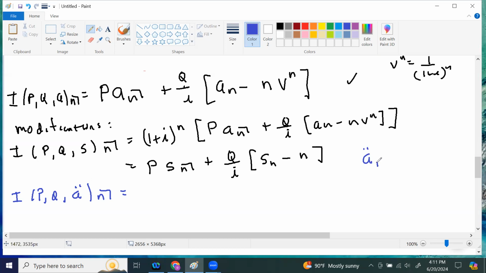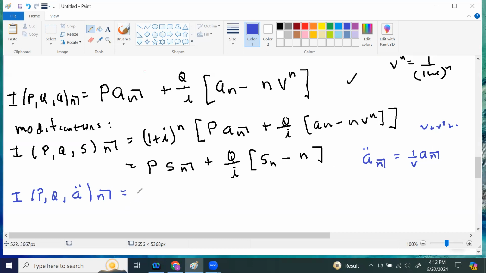If you take this, remember that the first payment starts at 1, right? So the way you do that, all you do is take annuity immediate. So this starts at V and you divide by V, right? Because remember annuity immediate starts with V plus V squared plus dot dot dot. So if you divide by V, that's what you get here.